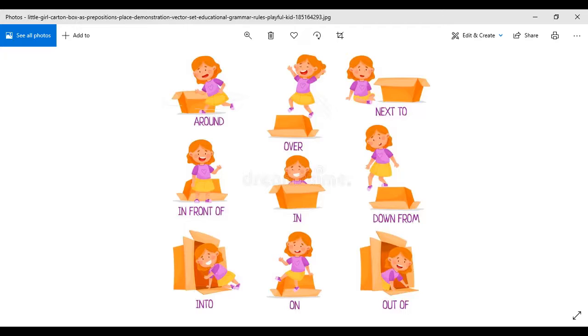Then we have on. A box is being placed on the ground and she is sitting on the box, right? Now, into and out of are opposite to each other. When she was entering, we use the word into. Now, when she is coming out, we use out of. Got it? So these are some other prepositions that we use in our daily life.